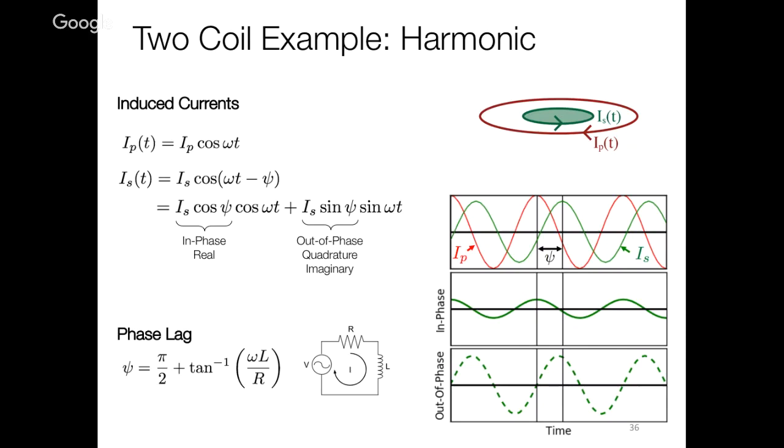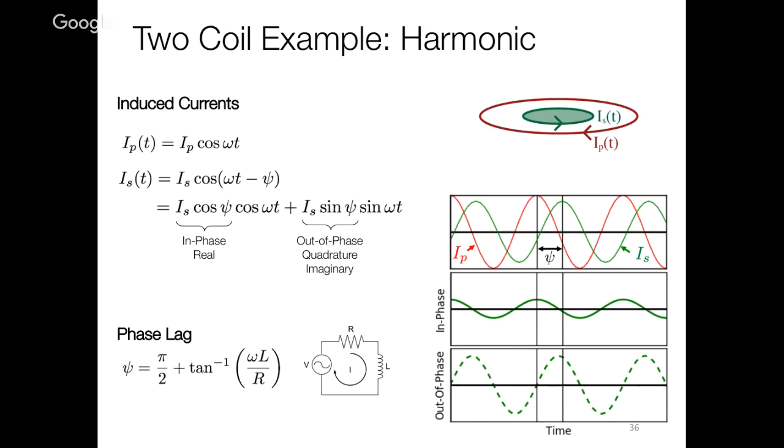Unfortunately, here's a potential source of confusion. Just as we interchange resistivity and conductivity, we're going to call these two things by different names, and you just have to get used to it. The part that's cosine omega t is sometimes called the in-phase part.